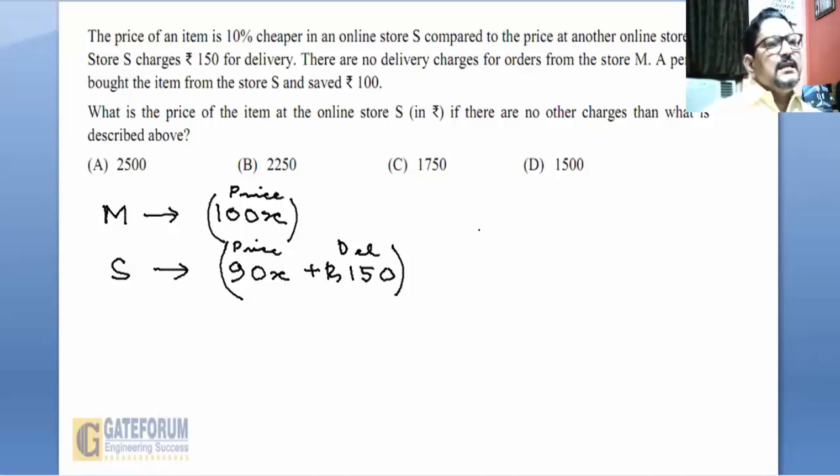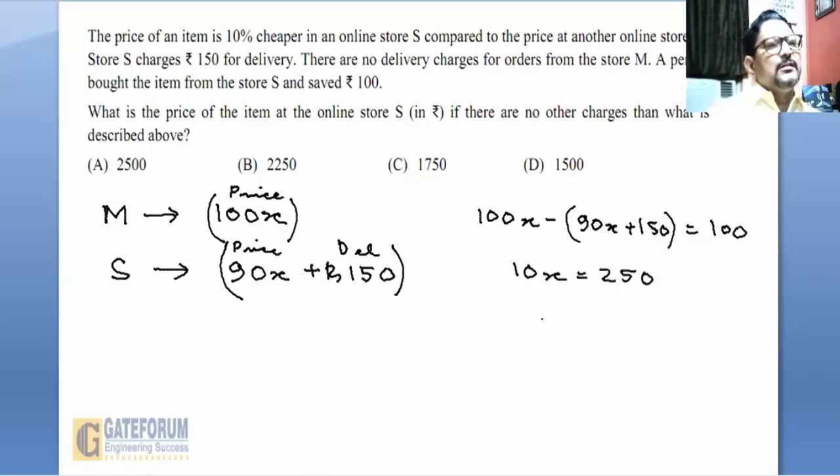So I can say that 100x minus 90x plus 150 must be equal to rupees 100. So just on solving that, 10x equals 250. They have asked me the price at the online store S. Means they have asked me about 90x.